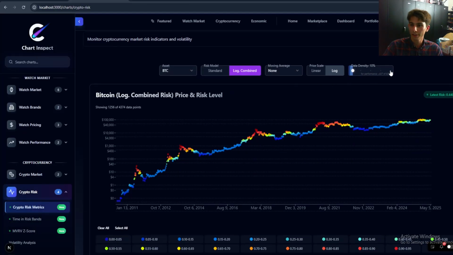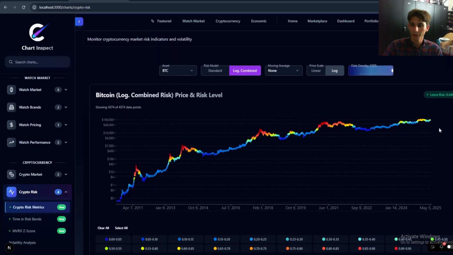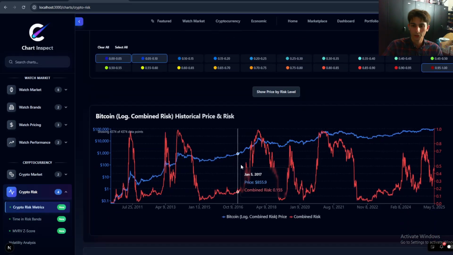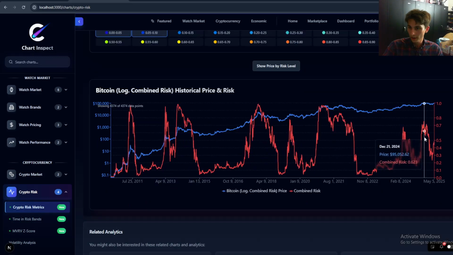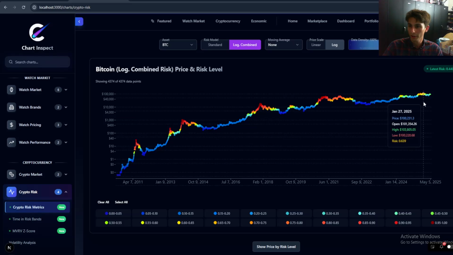This is another indicator that's going to be on the website, the Bitcoin risk metric, and I've been tweaking it a little bit. It's normalized from 0 to 1, and you can see the actual risk level right here. We hit around a 0.7 risk level when we hit 100K USD back in December and January.